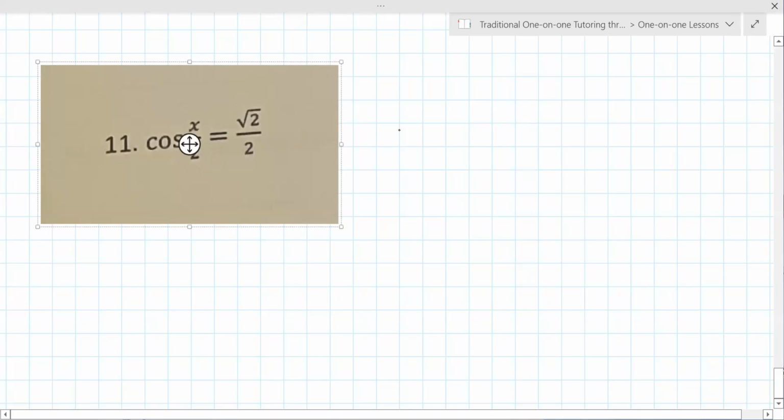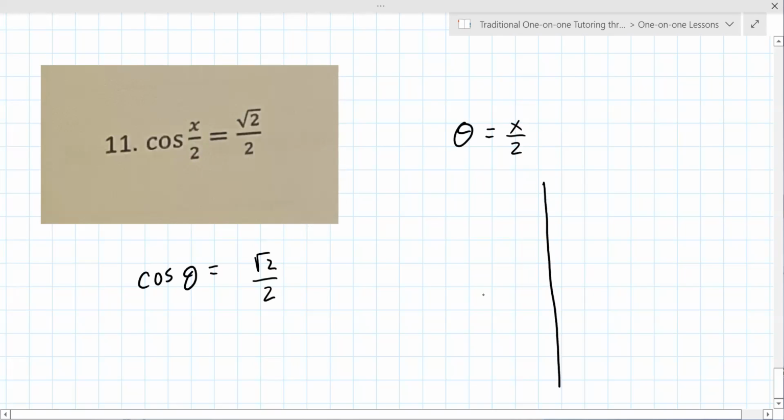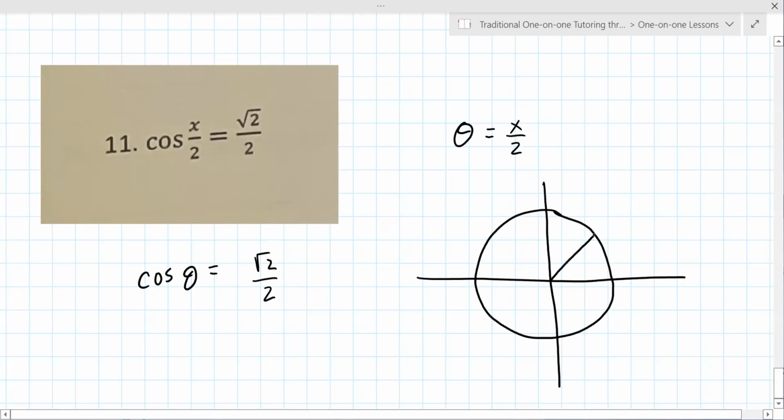So a lot of times you'll see a substitution made. You write theta is x over 2, and you say cosine theta equals root 2 over 2. And you go to your unit circle and figure out where the x value is root 2 over 2. It's there and there: pi over 4 and 7 pi over 4.